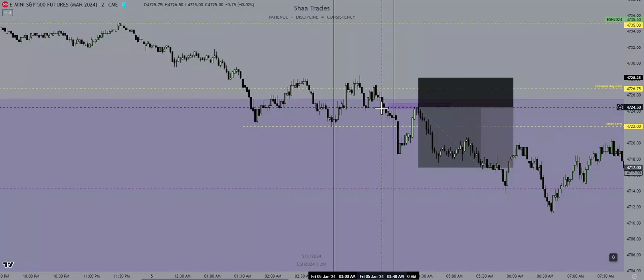I try to stay as disciplined as possible and not try to take trades outside of the hour. But I implement the silver bullet, and I do look at the 2022 model. I'll go check those out as well.